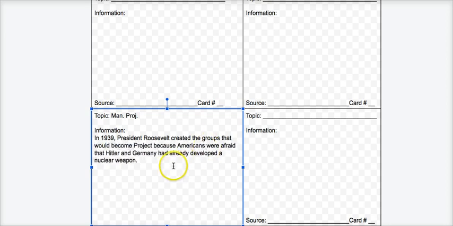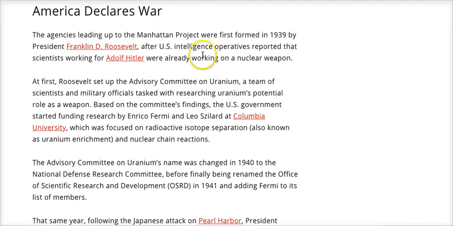So we want to make sure that it means what it says in the source. It has to match the meaning, but it has to be different words because Americans were afraid that Hitler and Germany had already developed a nuclear weapon. They talk about the intelligence operatives reported that Adolf Hitler was working on a nuclear weapon. Okay, so that's my paraphrase for this.